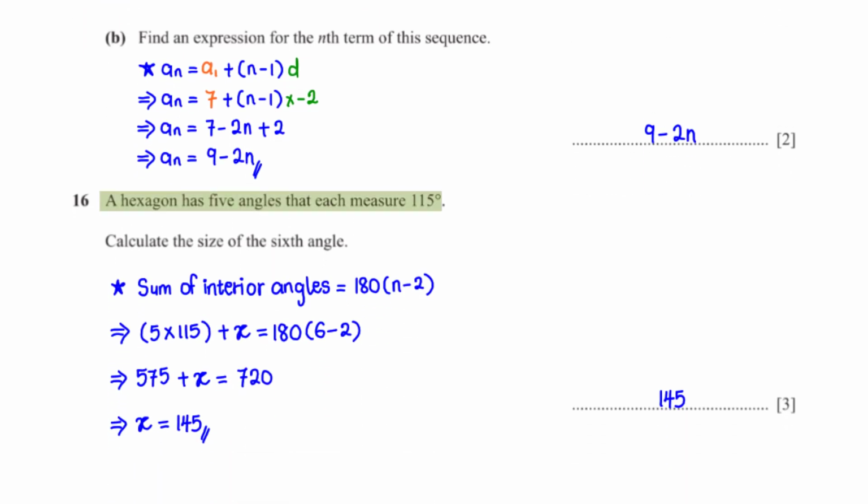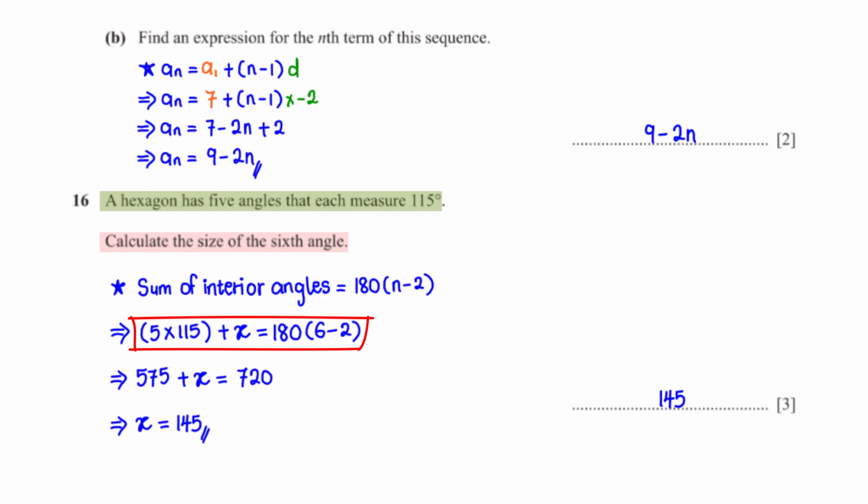A hexagon has 5 angles that each measure 115 degrees. Calculate the size of the 6th angle. The sum of interior angles in a polygon is 180 times (n minus 2). n is the number of sides of the polygon. Since we have a hexagon, then n is 6. 5 of the angles each measure 115 degrees, and we want to find the 6th angle, which we are calling x.